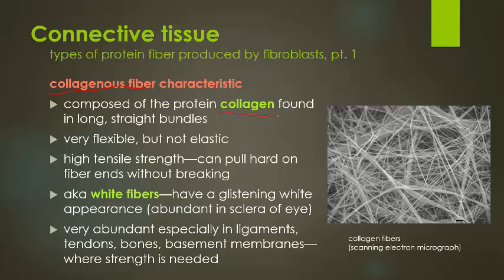They are sometimes referred to as white fibers because of their glistening white appearance. They are very abundant in the white of the eye, the sclera. Finally, they are very abundant especially in ligaments, tendons, and bones. They're also a big component of the basement membranes that underlie the epithelial tissues.